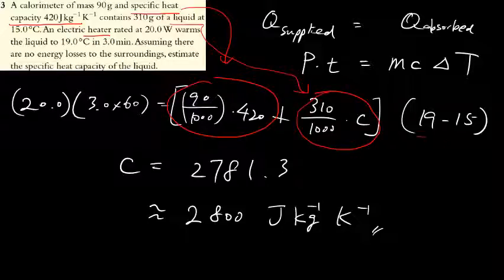Since they must have the same temperature change, as they were in contact before the experiment starts, at the beginning they should both be at 15.0 degrees Celsius, and at last they should both be at 19.0 degrees Celsius. That's why you can formulate this equation, and at last you find the answers easily.